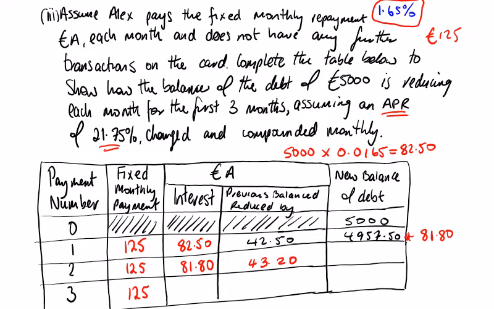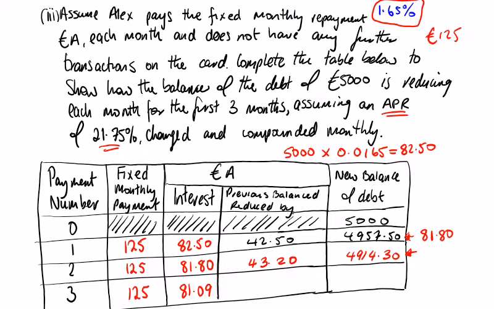And taking 4320 away from 49495,750, we're going to get 491430. Now I need to get the interest on this. So 1.65% of 491430 rounds off to 8109.